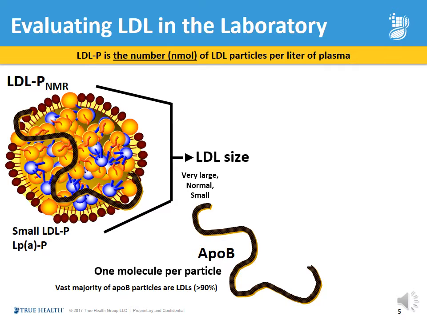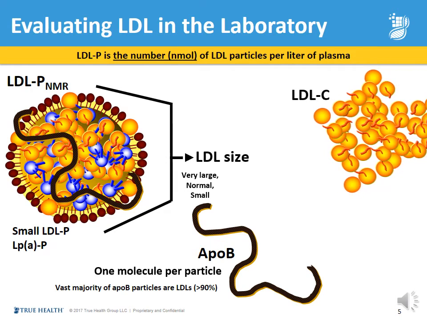We all know that small LDLs are more prevalent in insulin-resistant or hypertriglyceridemic disease states, and very large LDL are most commonly seen in those with familial hypercholesterolemia. Again, it's not the size that determines per se atherogenicity, but particle number.